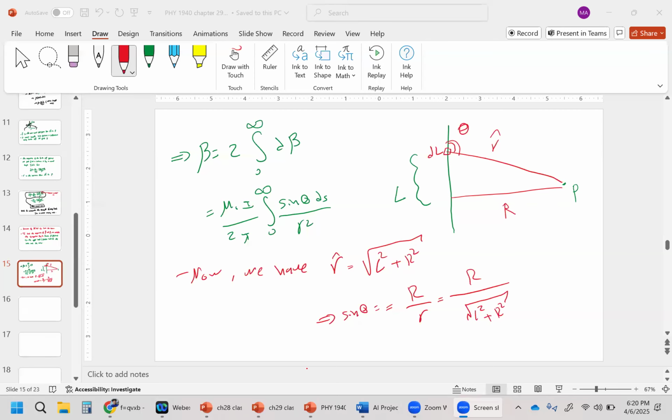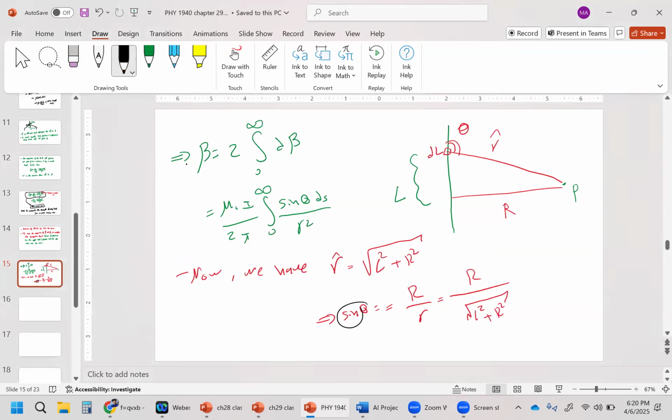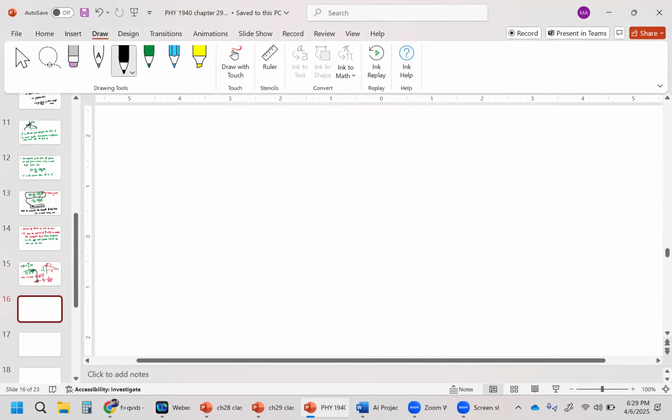All right, so this sine theta that we have, let me get a different color actually. Here it is. So here's your sine theta. So we can go ahead and plug it in. Let me go ahead and do that.